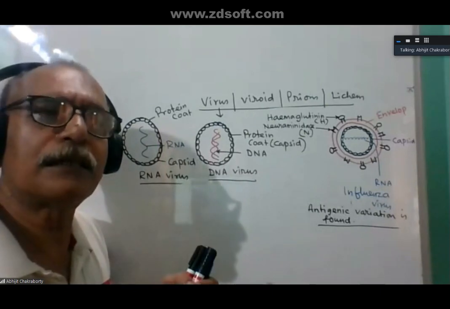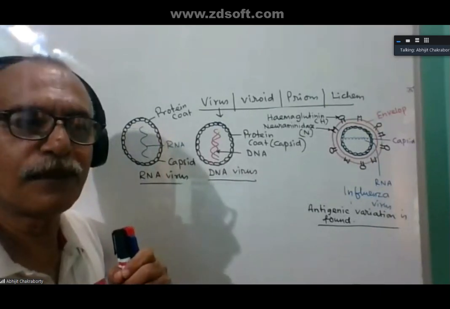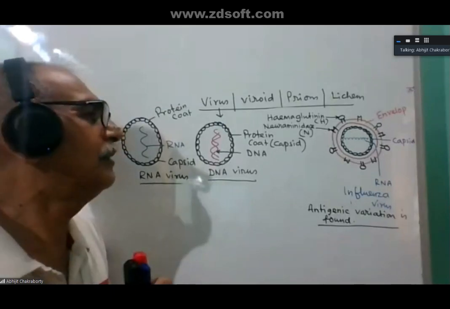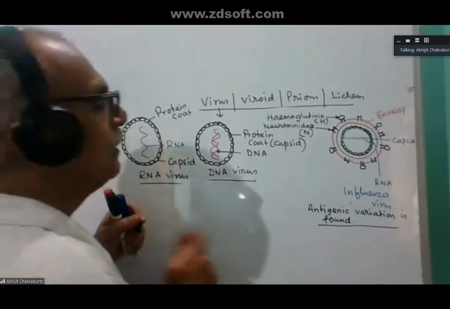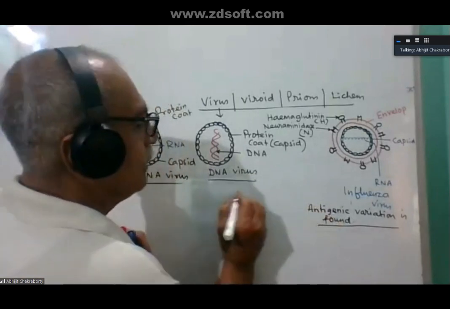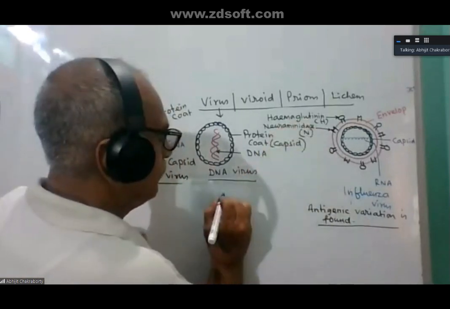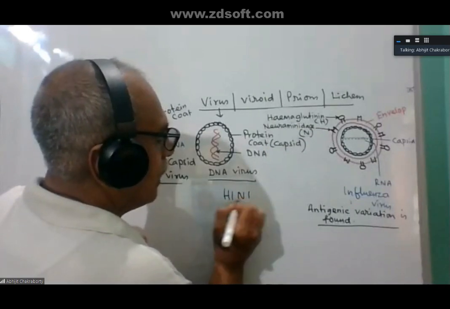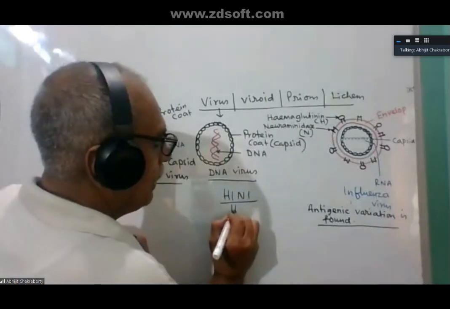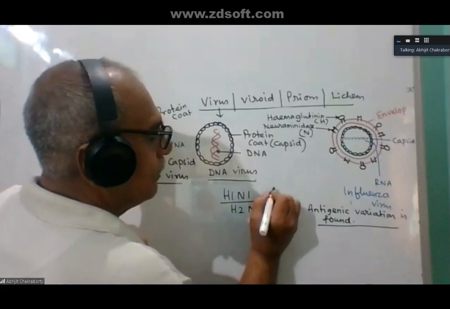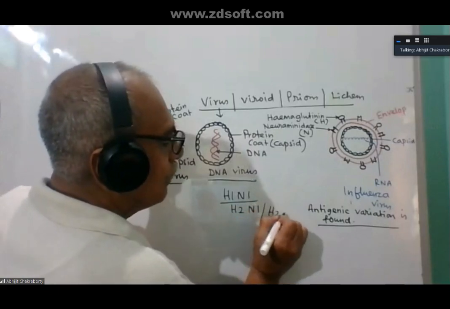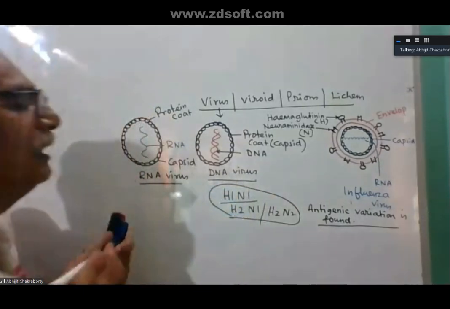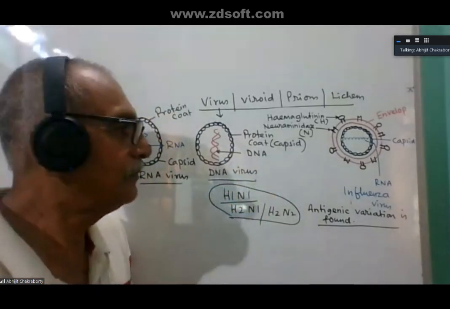Sometimes it is cut and remixed, and in this way mutation occurs. So in influenza virus, sometimes it is H1N1 type, sometimes H2N1 type, sometimes H2N2 type. So every one is different from the other.